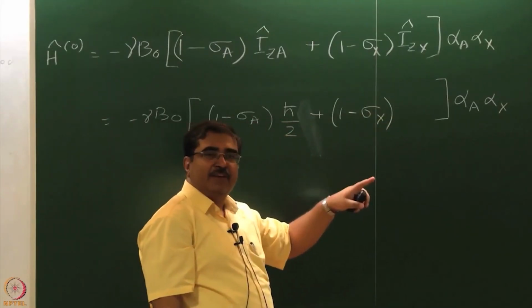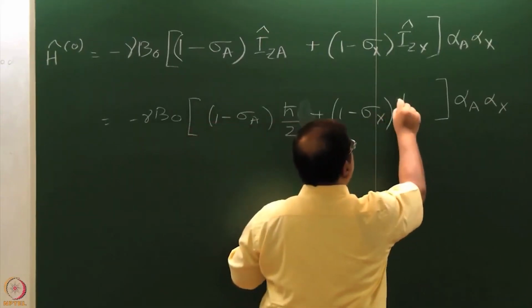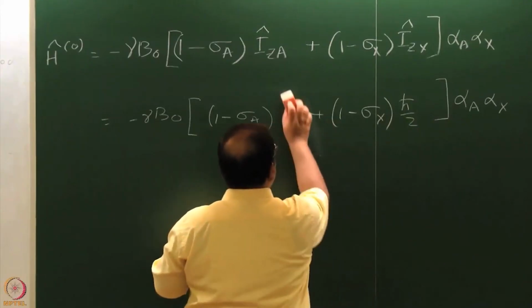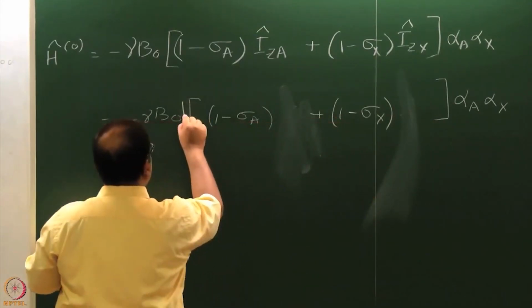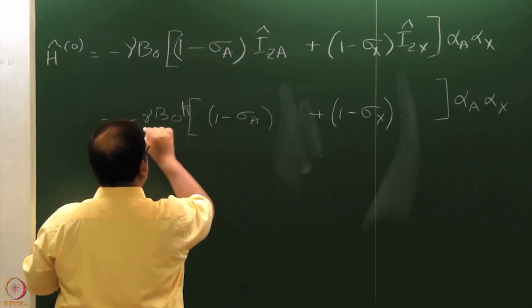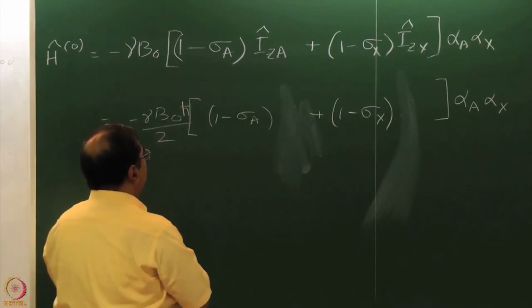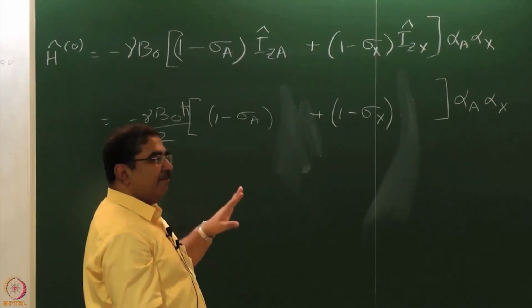IZX operates on alpha x and not alpha a, but again you get h cross by 2, and alpha a remains. So, I can take this h cross by 2 out and write something like this. Minus gamma b0 h cross by 2 into 1 minus sigma a plus 1 minus sigma x alpha a alpha x.